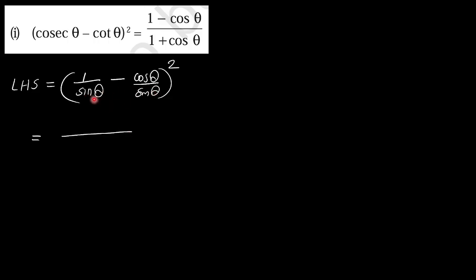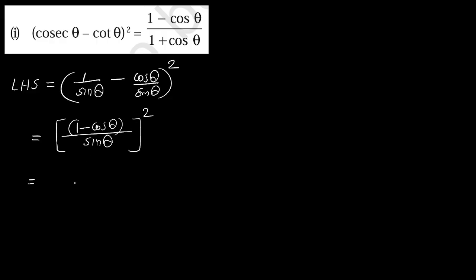The two fractions have the same denominator, correct? So the common denominator is written, subtracting the numerator: 1 minus cos theta. But the square is there outside. So numerator square by denominator square.